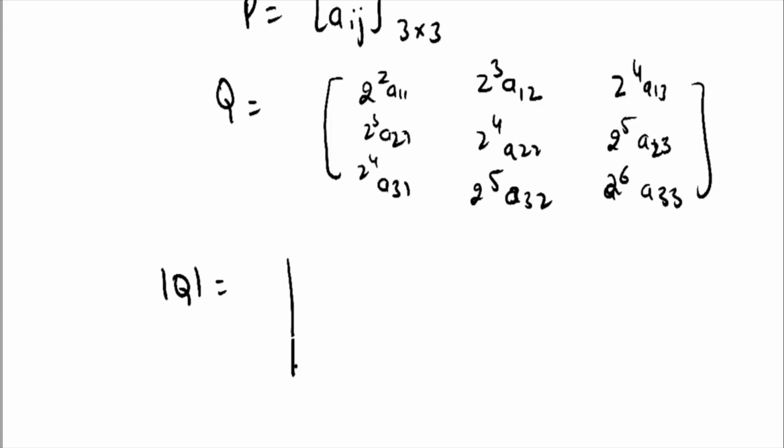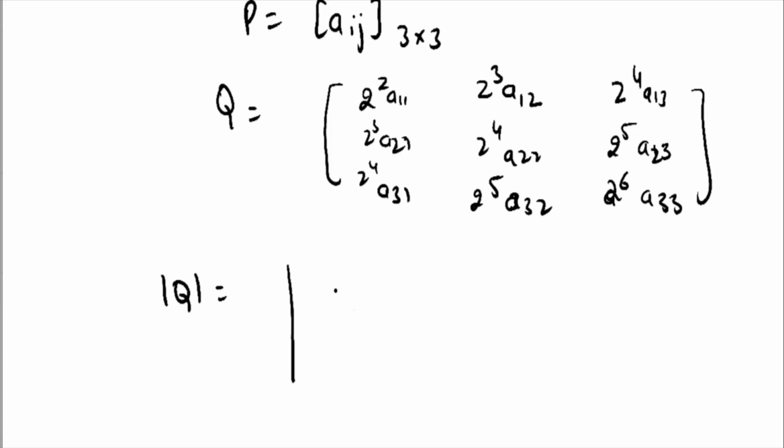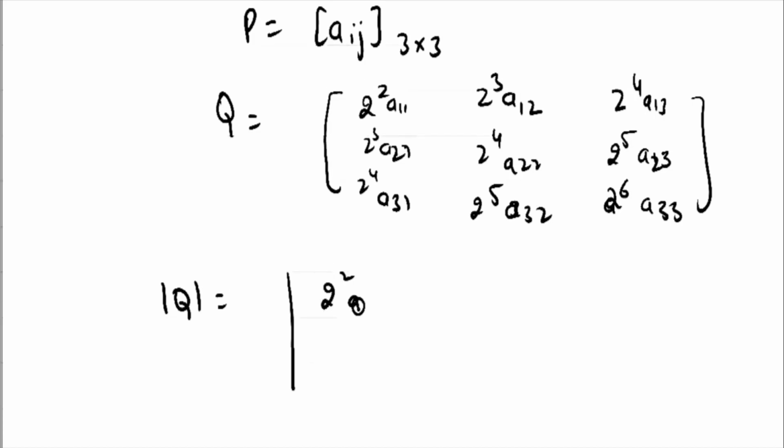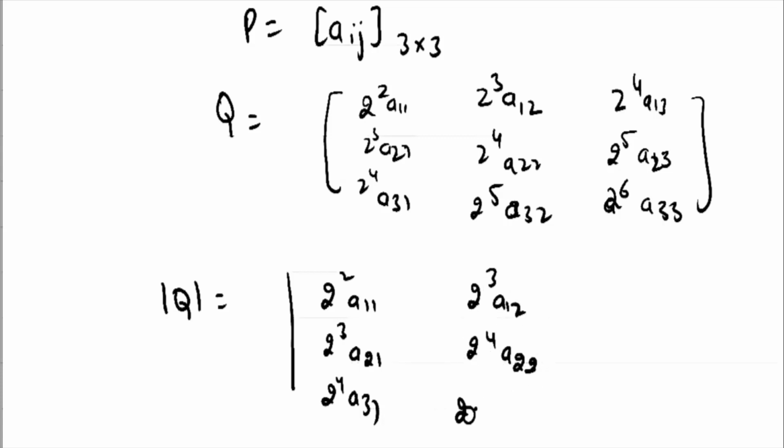but here we have to add modulus instead of this matrix. So here we have 2 square into A11, here 2 cube into A21 and here 2 raised to power 4 into A31. Here we have 2 cube into A12, here 2 raised to power 4 into A22, here 2 raised to power 5 into A32.